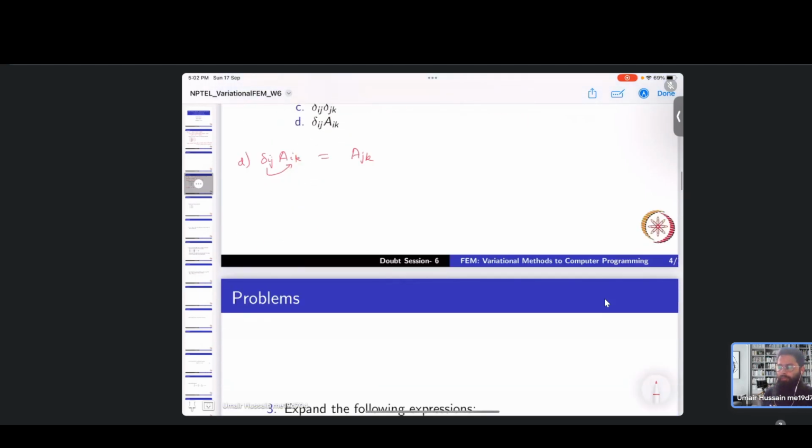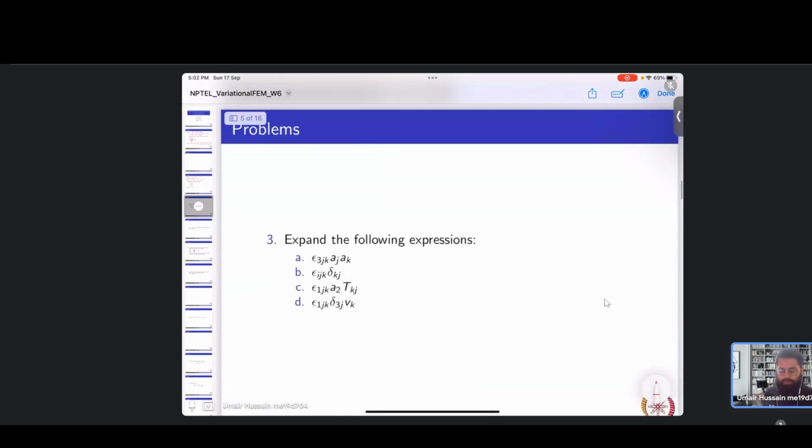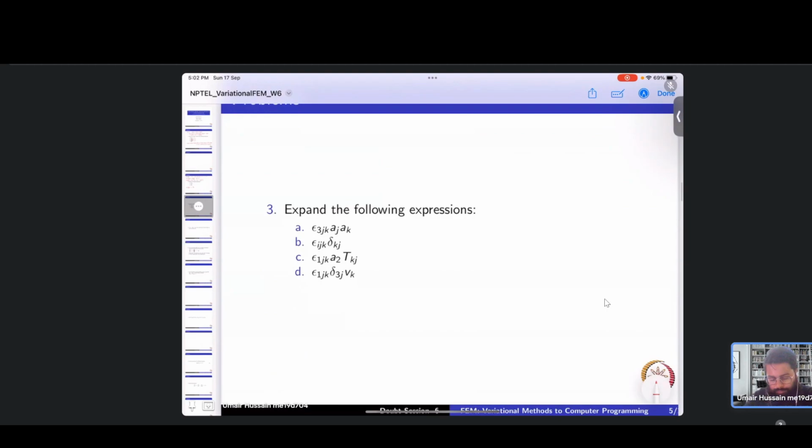Okay. Now let's move on to the third problem. So we have to expand the following expressions. So first we have epsilon 3jk times aj ak. So first of all we start by expanding j.